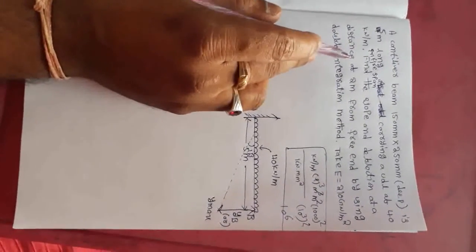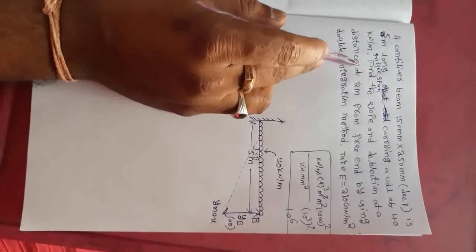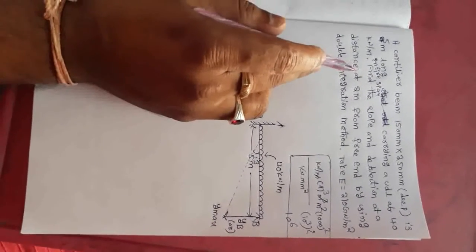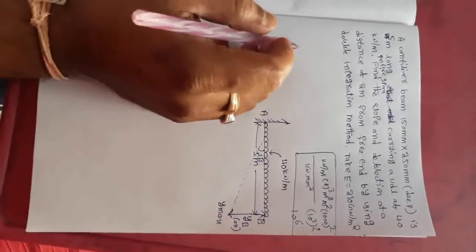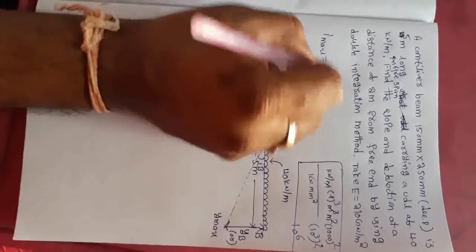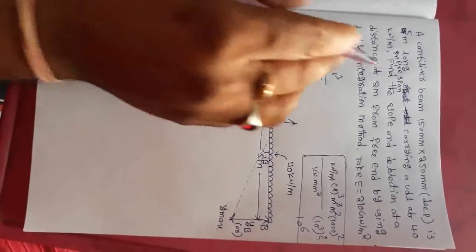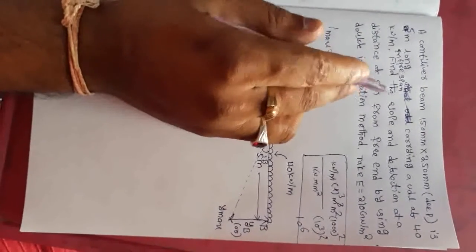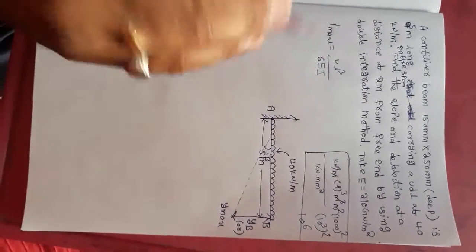If he wants to find the slope and deflection at the free end, then in that particular problem you find the slope and deflection at the free end directly through the formula.